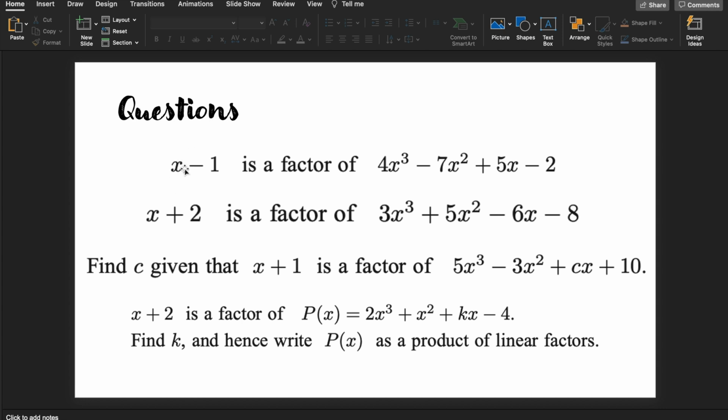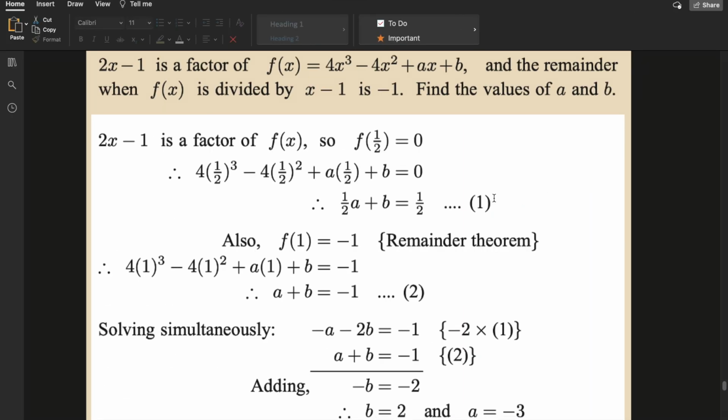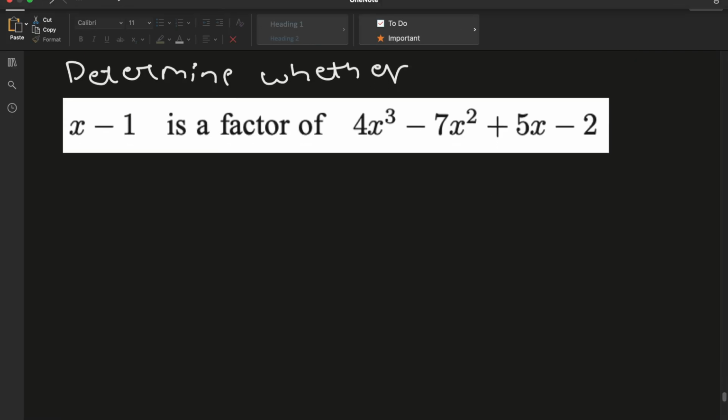For these two questions, let's determine whether x minus 1 and x plus 2 are factors. Take a few minutes to solve it, then I will solve it after you're finished. Just unpause the video after you're done. Okay, so now let's go on to the problem.